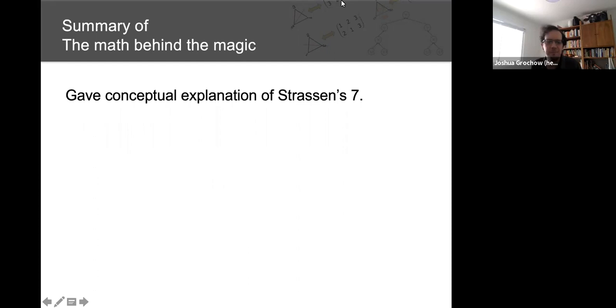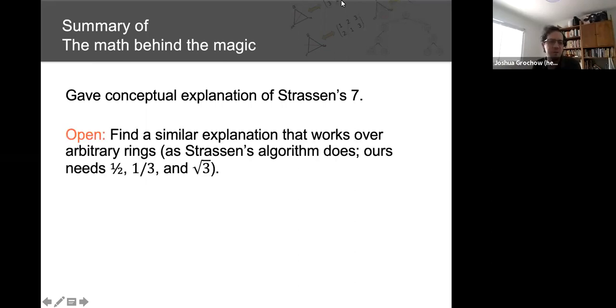Okay, just to wrap up, we have this nice mathematical object that gives 7. It generalizes to all n. We know how to beat it for bigger n, but it does generalize. But there are still some questions you can ask. One thing to notice is the corners of an equilateral triangle need coordinates like a half, a third, and √3, whereas Strassen only needed plus or minus 1. So Strassen's algorithm works over arbitrary rings.